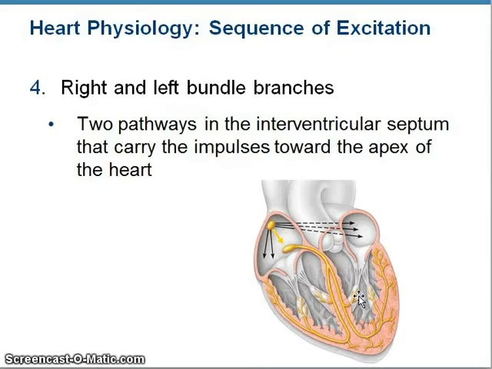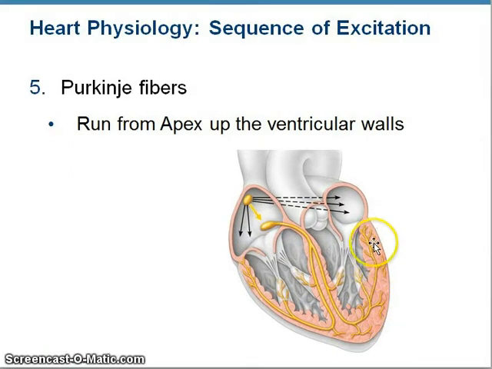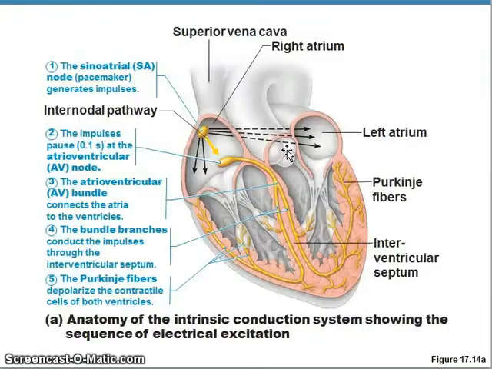So now we're in the two bundle branches, which just carry the depolarization down to the apex of the heart, and then the Purkinje fibers run up the ventricle walls so that the ventricles start their depolarization at the apex, and then the wave of depolarization spreads up the sides of the ventricles so that the contraction will then start at the bottom of the heart, run up the side of the ventricles, and then blood will be squeezed up from the ventricles into either, here would be the aorta, or the pulmonary semilunar valve on the other side of the heart. So that is your intrinsic conduction system.